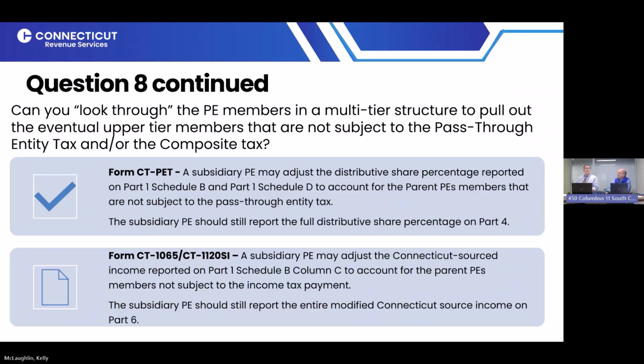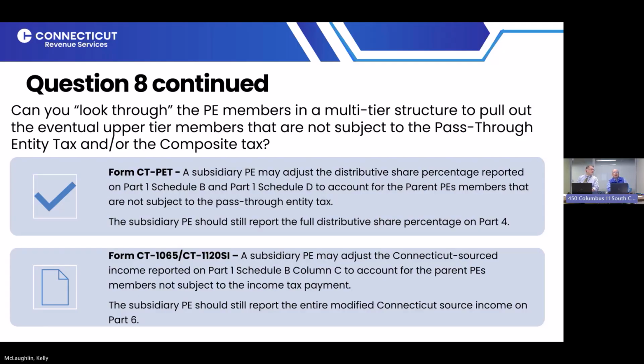And similarly to the PET, where the member information is reported, the subsidiary PE should still report the entire modified sourced income on Part 6. So that would report out to the members. And then on Part 1 Schedule B is where we could allow for the change or reduced distribution percentage. All right, a lot of information there and well worth it.